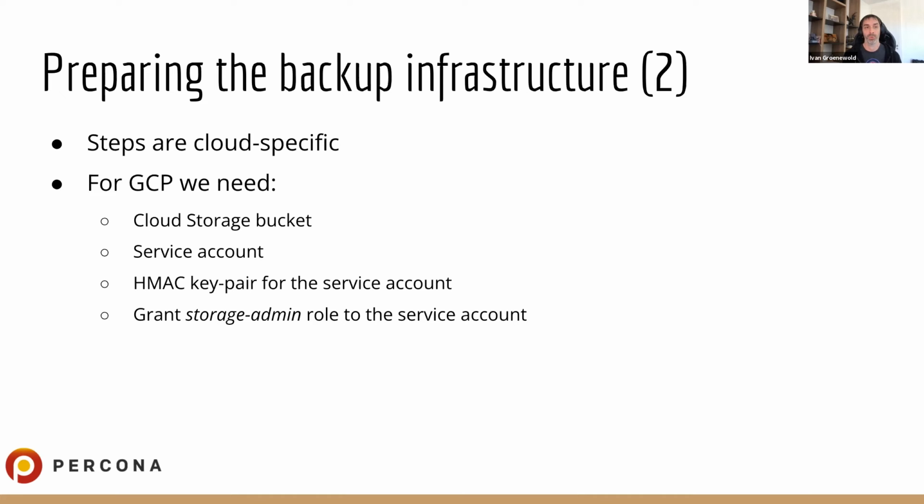And then we need to create an HMAC key pair that is tied to the service account. And then we need to assign also a proper role for the service account. For example, we can give storage admin, which will have the required privileges, so that instances will assume the role through the service account and then be able to interact with the bucket itself, okay?